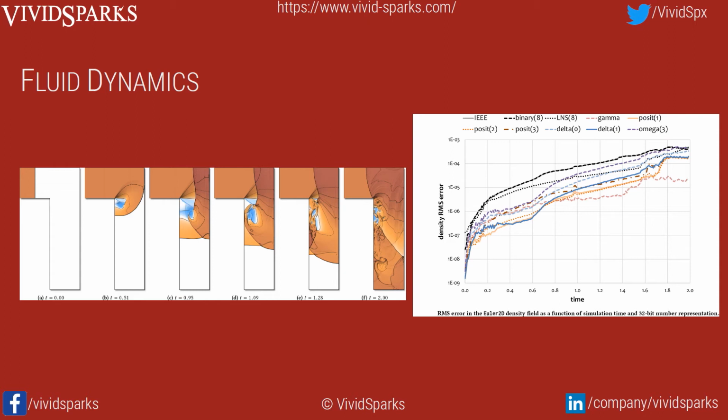and then it diffracts around the corner, initiating a shedding of vortex from the corner. In figure B, you could see that around t equal to 0.51, the initial shock wave reflects off the far wall and the reflected shock wave propagates back upstream, encountering the vortex around t equal to 0.95.